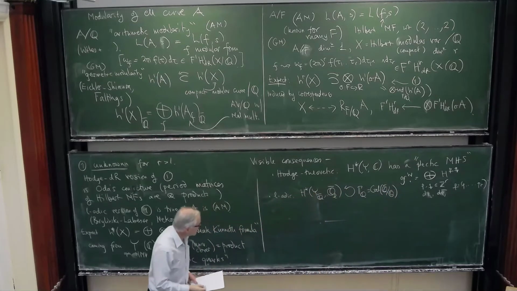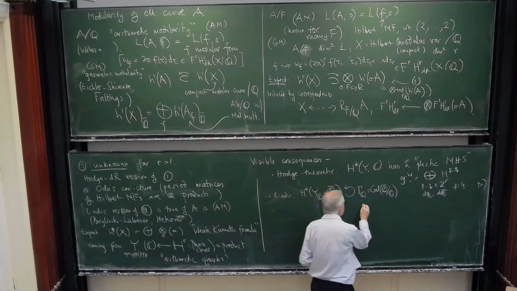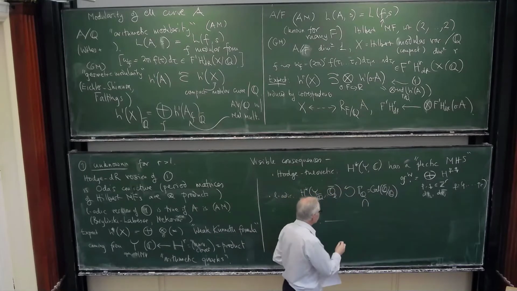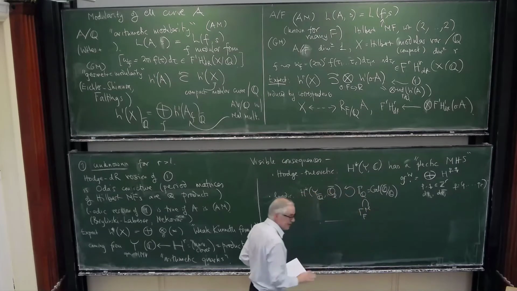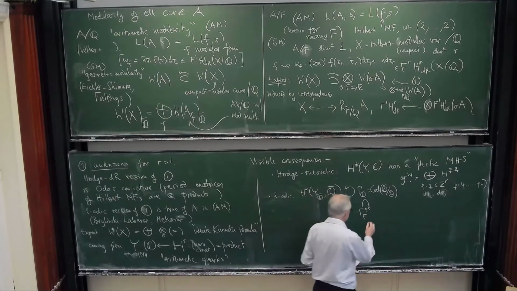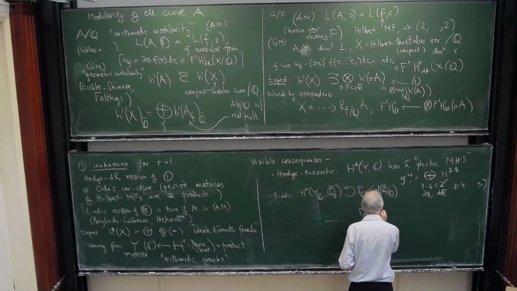But there's actually a bigger group, which we'll call gamma FPL, which has got an F in it.